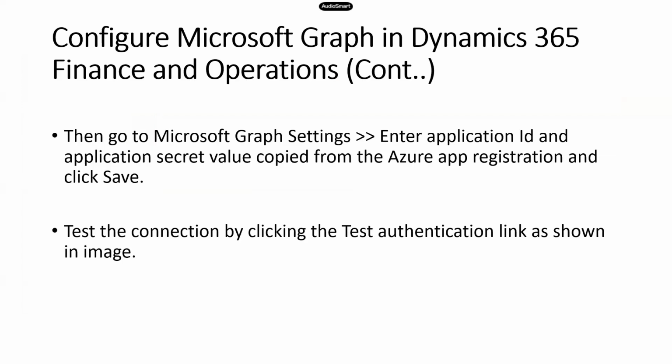Once you enable the ID, then go to the Microsoft Graph settings, enter the application ID and application secret value, which you copied from the Azure app registration, and then click Save.